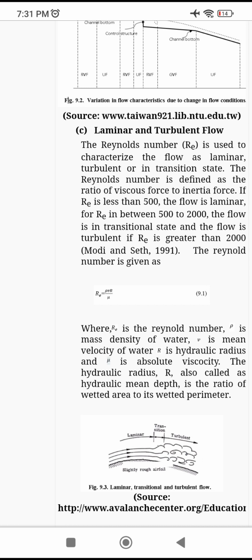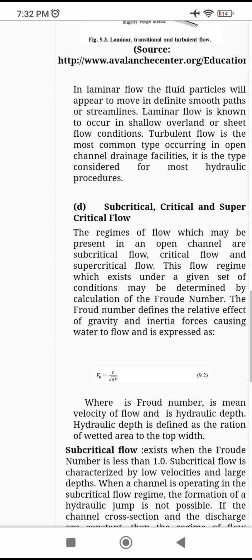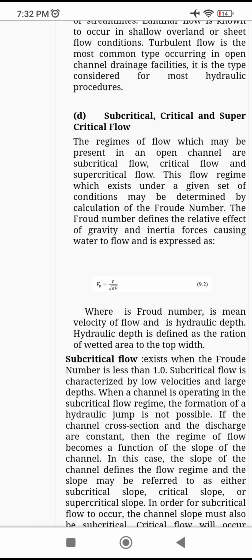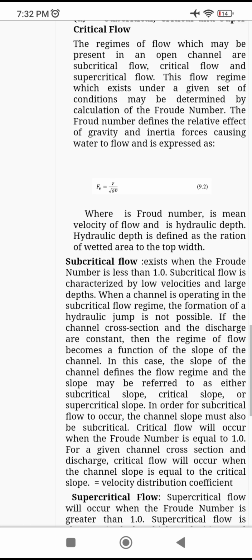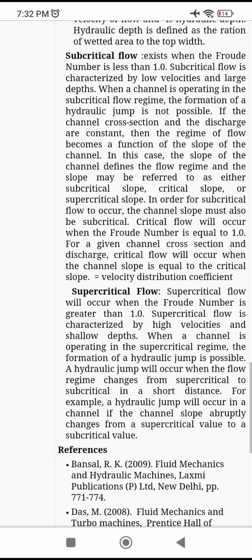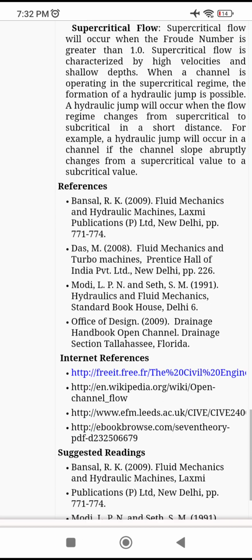Remember this one. Then subcritical, supercritical and critical flow, depending on the Froude number. Subcritical flow, Froude number is less than 1. Supercritical flow, Froude number is greater than 1.